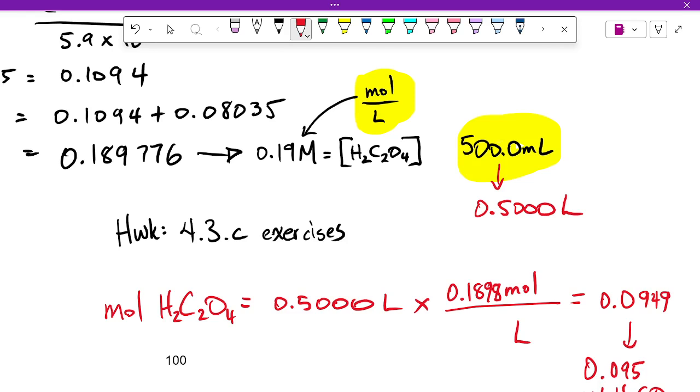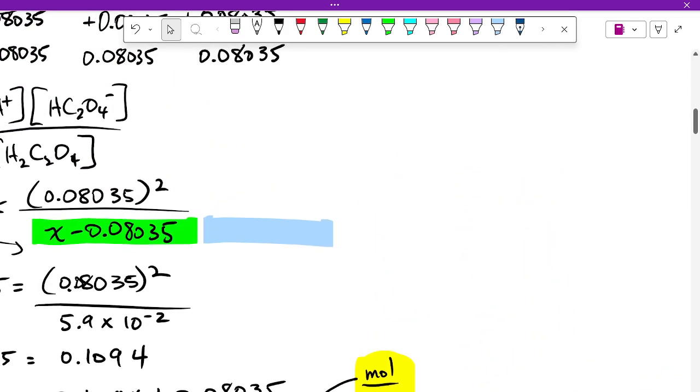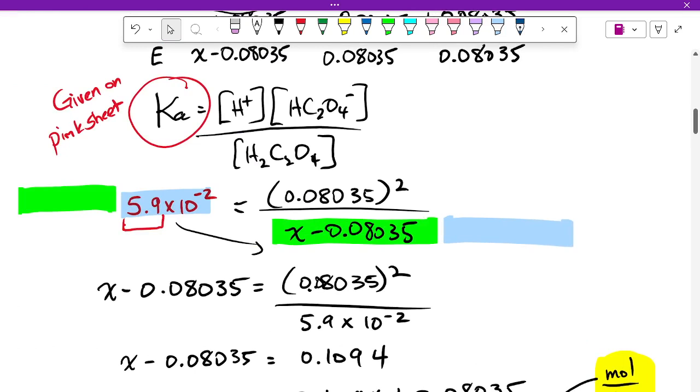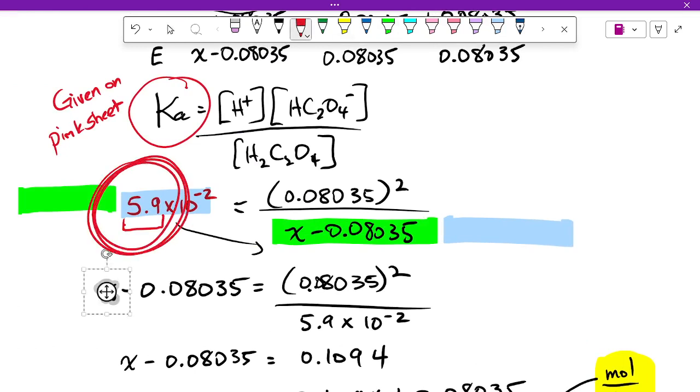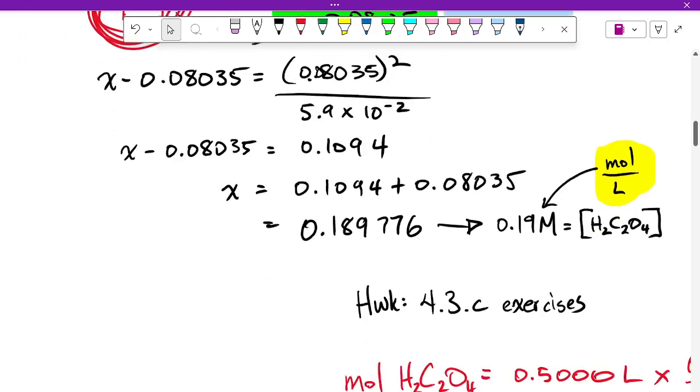So, homework please. What do we got there? 4.3. Yes. Would it be forcing things to put your point five? Good question. How did we get there though? Way back there, we had 2 sig figs.